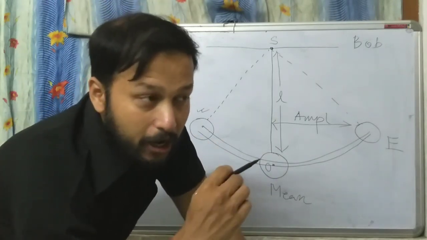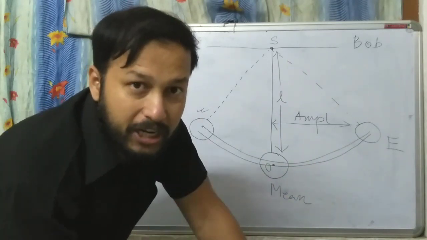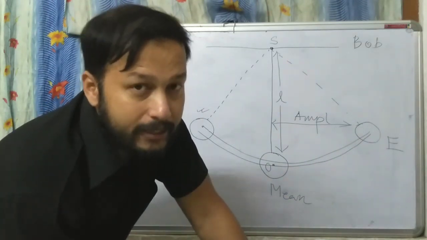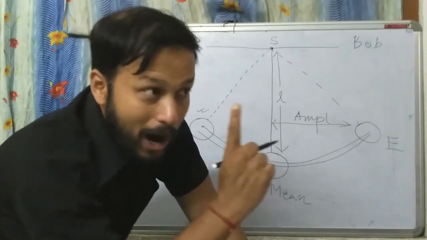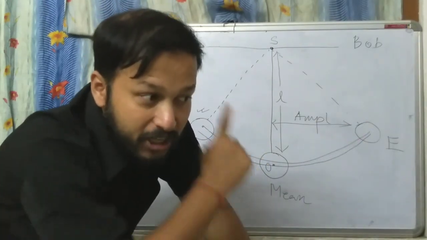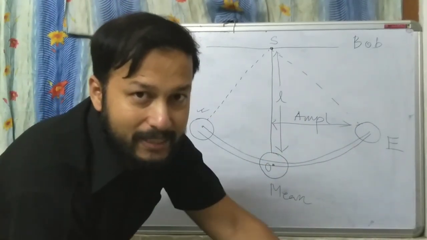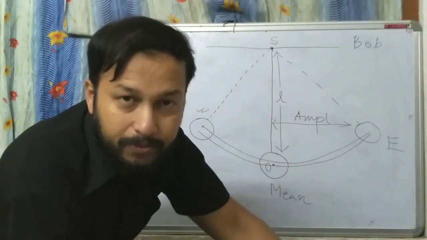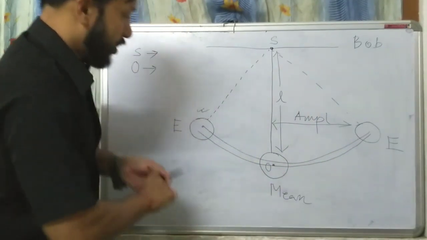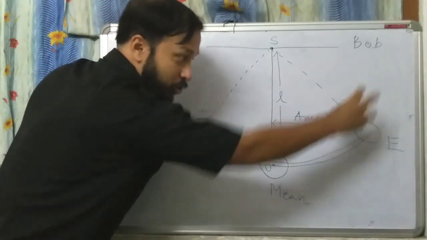how many such oscillations can be completed? That is called frequency. So what is frequency? In 1 second, how many oscillations are completed? Say a pendulum is completing 10 oscillations in 1 second, like from here, 1, 2, 3.